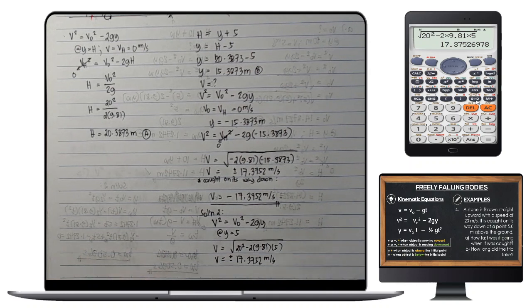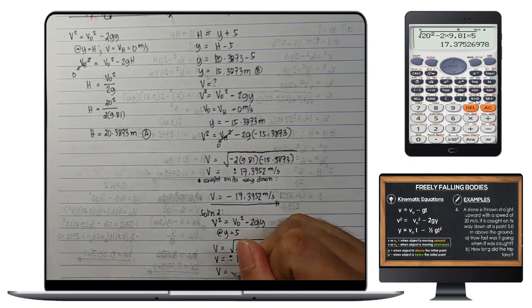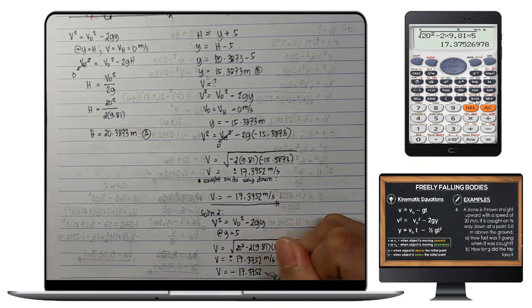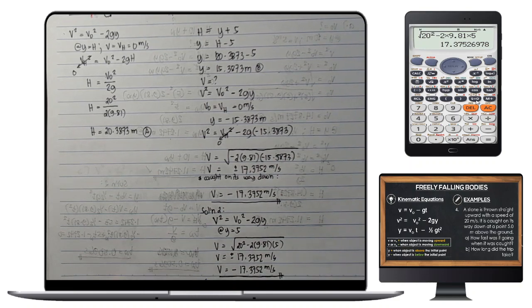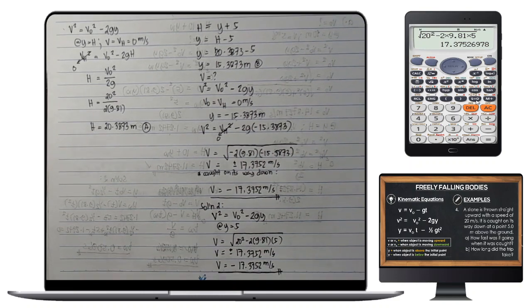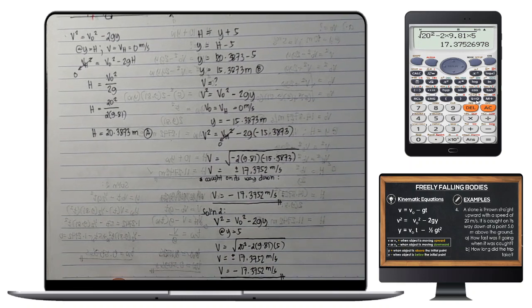And again, since on its way down, yung velocity na i-consider natin is yung negative 17.3752 meter per second. So, parehas lang. Mas mabilis pag ginamit natin yung second solution.